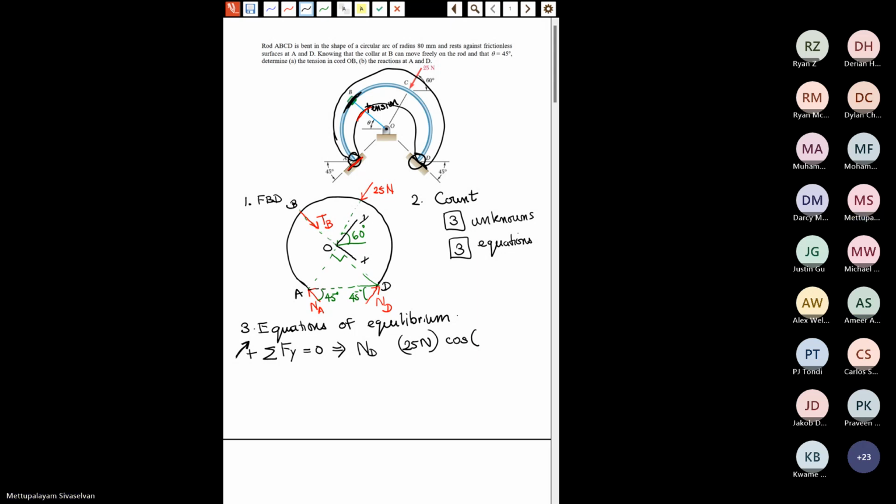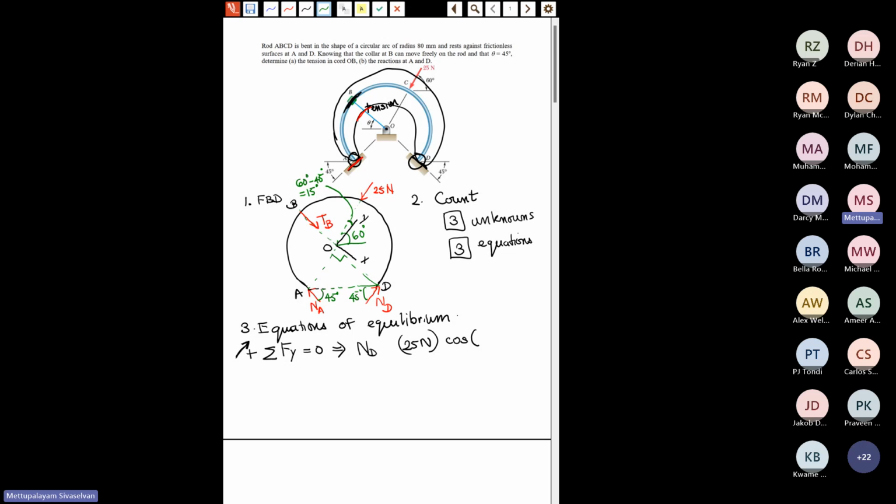Well, what I'm looking for is this angle here, right? That whole thing is 60, and this much is 45. So this angle here is 60 degrees minus 45 degrees. That's 15 degrees, right?